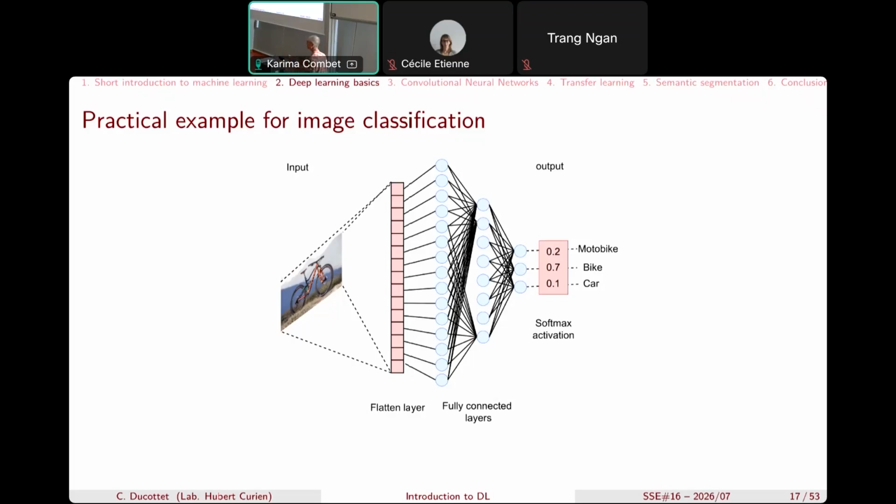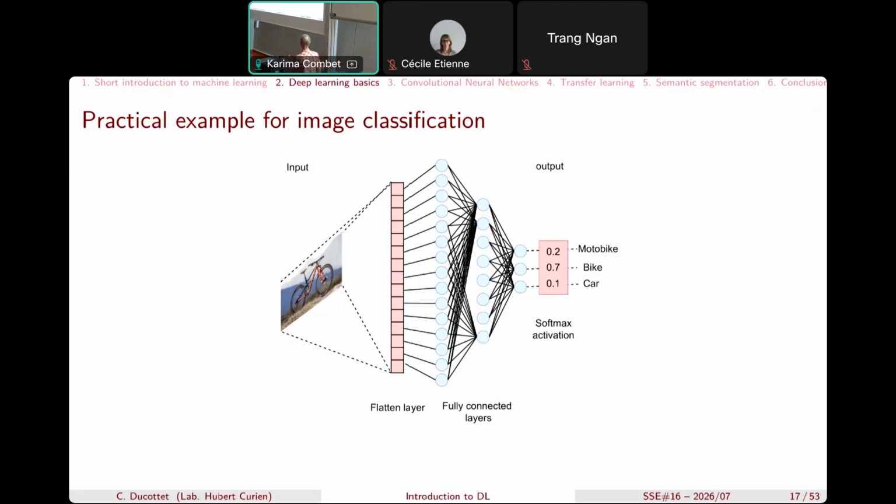And what we will do, in fact, starting from a very high number of neurons, we will go progressively to a smaller number of neurons, and to have, at the end, 3 neurons. Each of these 3 neurons will output a probability, which is the probability of being a motorbike, a bike, or a car. Okay.